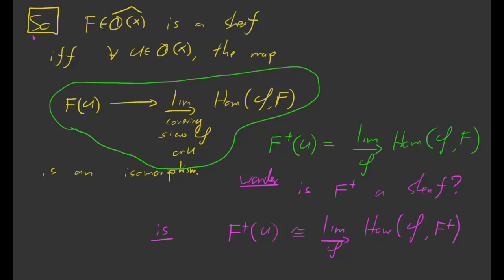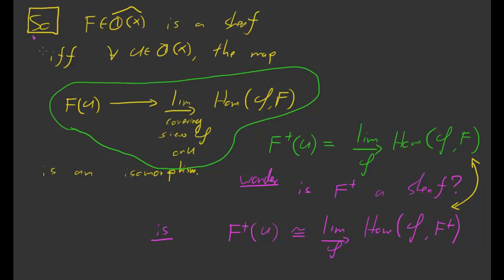So this plus is really what makes all the difference in the world between this condition and this one, right? The way that we got F plus from F was to look at F and say, well, F might be deficient somehow in that it's not isomorphic to this thing. We'd like F of U to be isomorphic to this direct limit, but it's not. So let's try to make F better by making this new functor F plus, and by fiat we'll just set F plus of U to be equal to this direct limit.